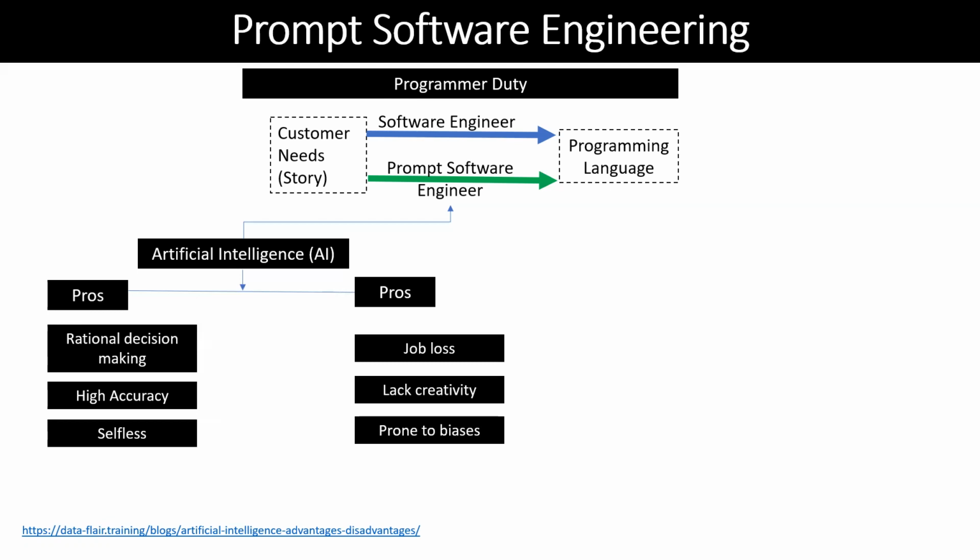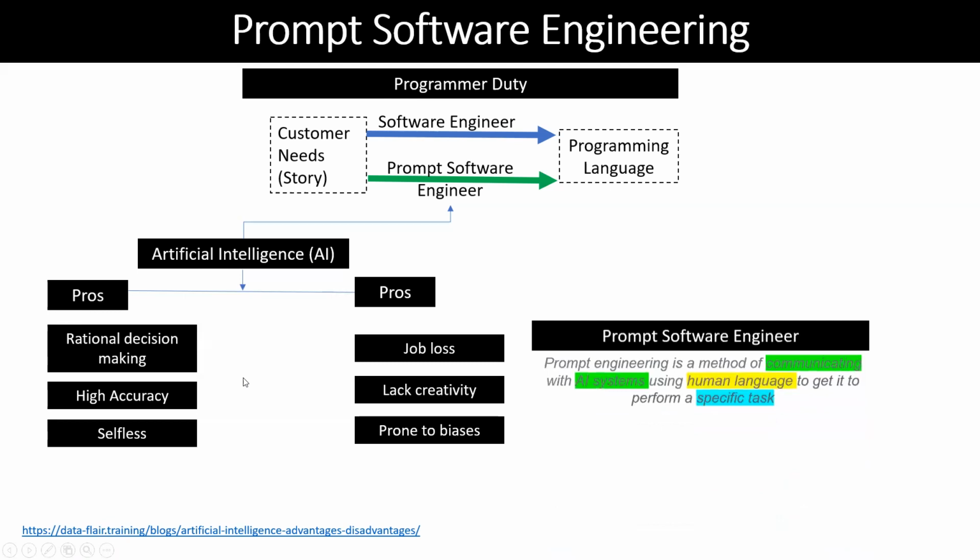So therefore, your work as a prompt software engineer is to guide and supervise AI to give you the intended result. This is another reason why you should take this course on prompt strategy for using AI to build software applications.